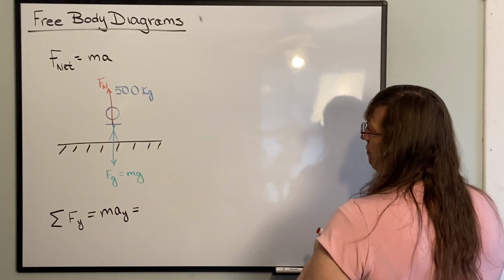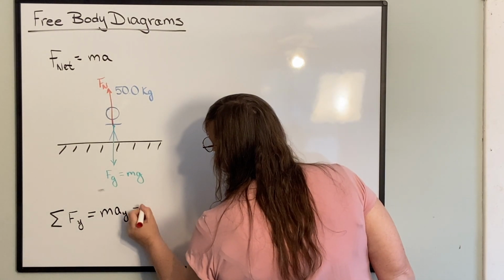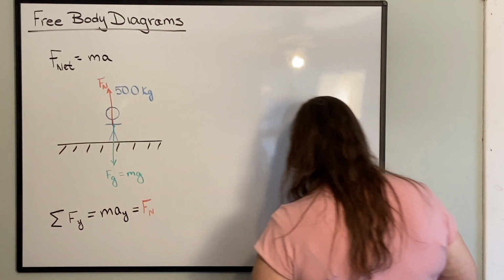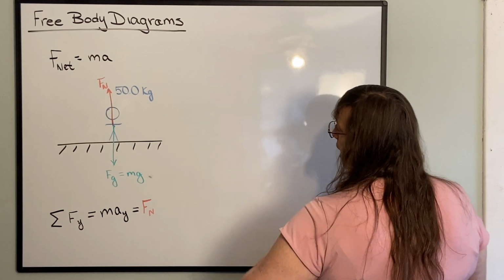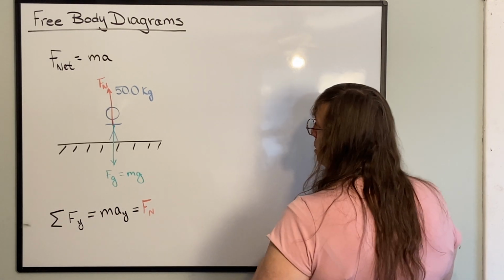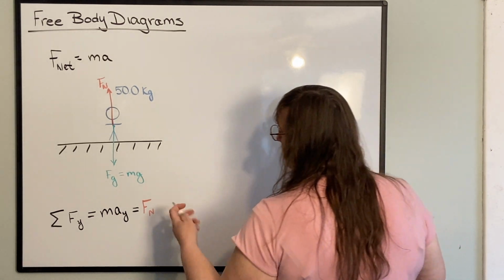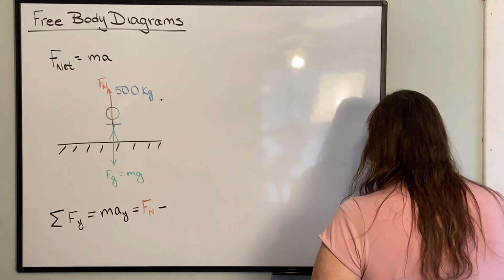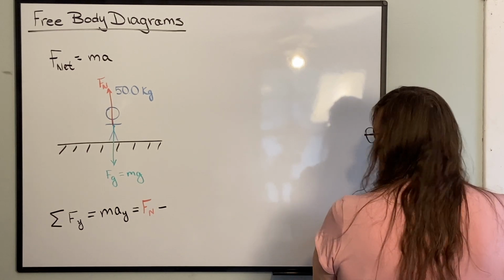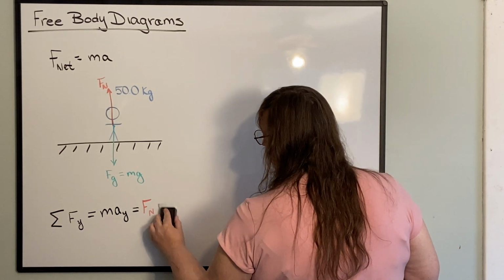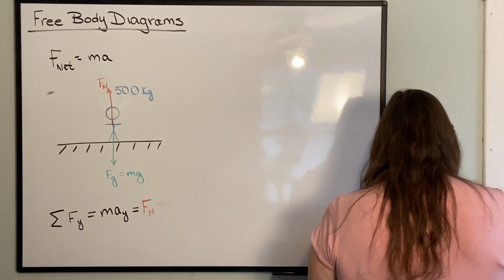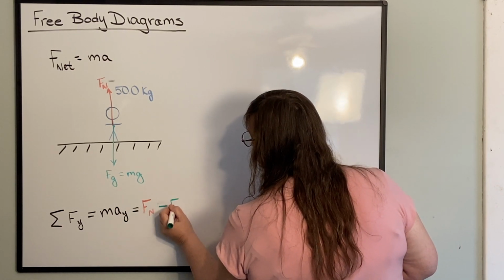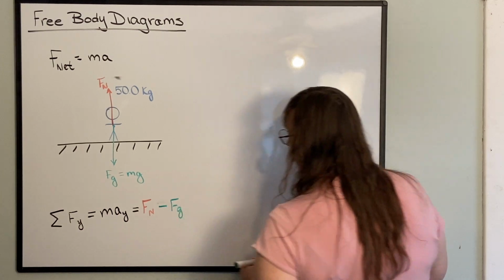So we're going to have a positive Fn, and our gravitational force is going down, so I'm going to use a negative sign there. I'm going to do that in green, to show that it actually goes with the gravitational force.